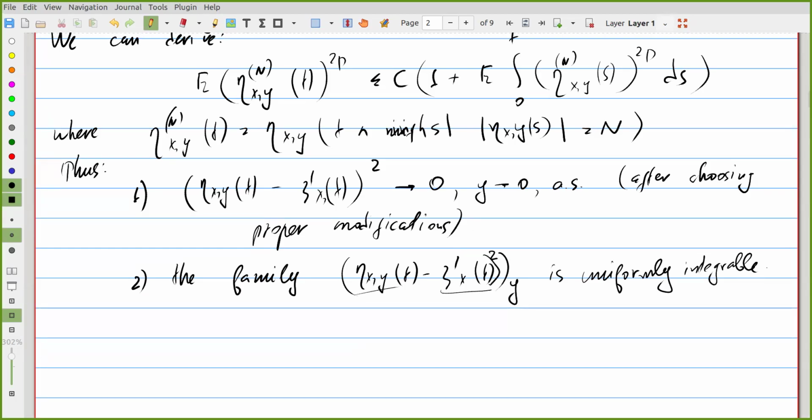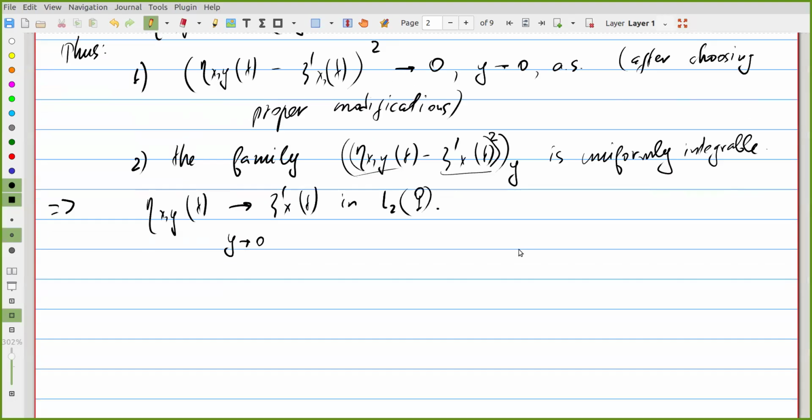So this square also has the fourth moment, etc. It has the second moment, the fourth moment for the original difference. Which means, by the Lebesgue dominated convergence theorem, automatically this converges to this when y goes to 0 in L2 of omega. And this is what we are going to use in the next step.